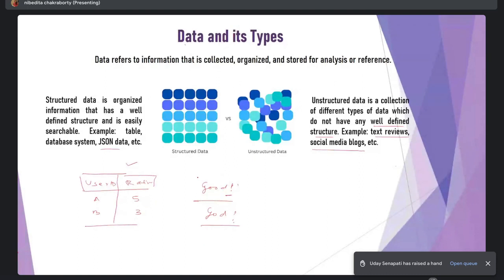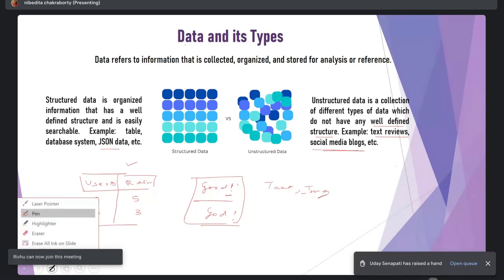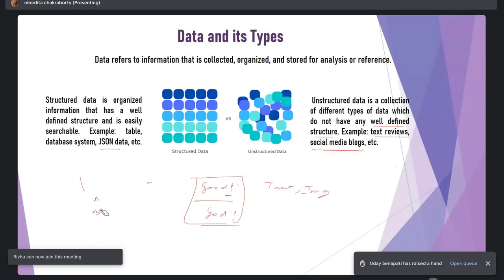There are too many errors that can occur, so it is inconsistent data. Also, social media blogs have text, images, videos, voice, all kinds of data. That is a mixture of data which cannot be stored in table format, and therefore is called unstructured.